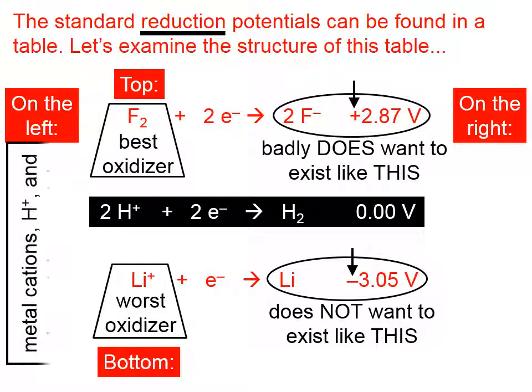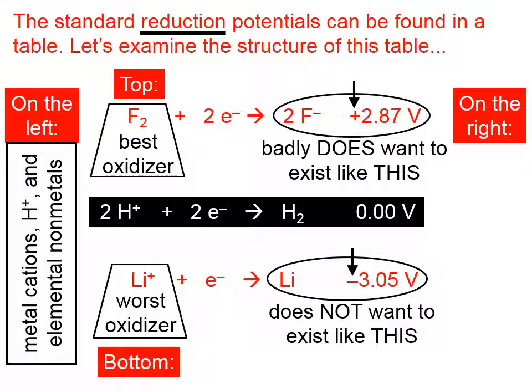On the left side of the table, we have metal cations, hydrogen ion, and elemental nonmetals. And you can see that in the few examples that we've shown here. We've got at the bottom the lithium ion, there's our hydrogen ion, and at the top there's an elemental nonmetal.